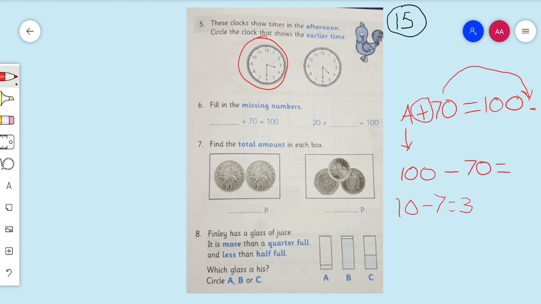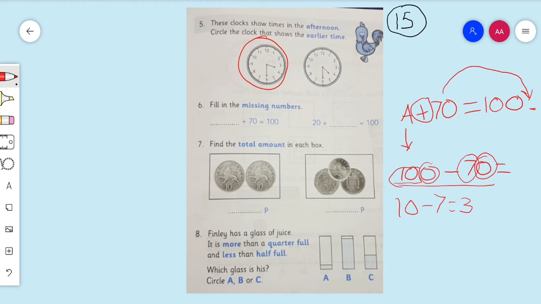And because the actual thing we had to do was 100 take away 70, we have to just do 0 take away 0, because the 0 was left when we make this a 10 and when we make this a 7, so we do 0 take away 0 which is 0.